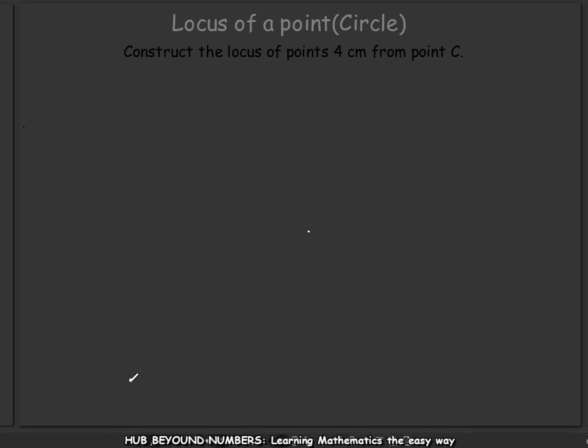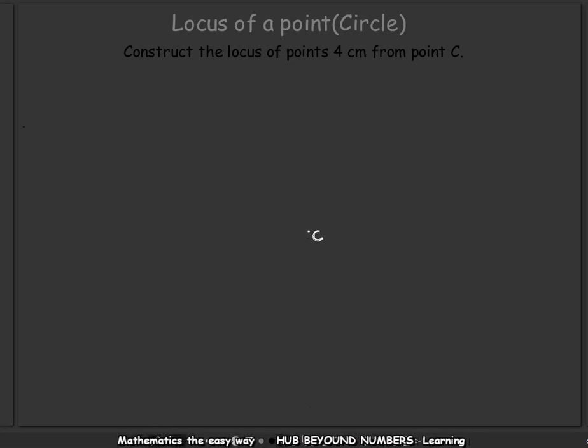Now the question says we have to construct the locus of a point 4 centimeters from point C. So if this here is our point C, we want all the points that are 4 centimeters away from it.